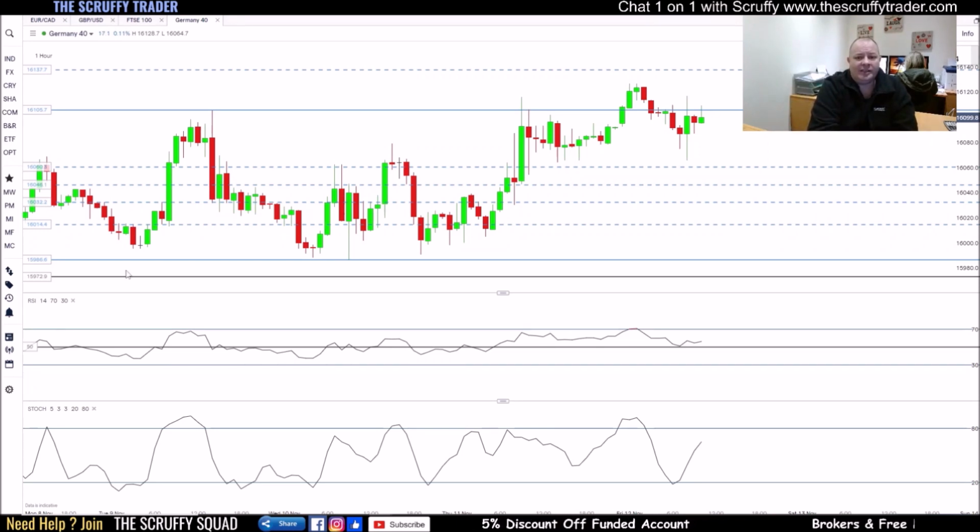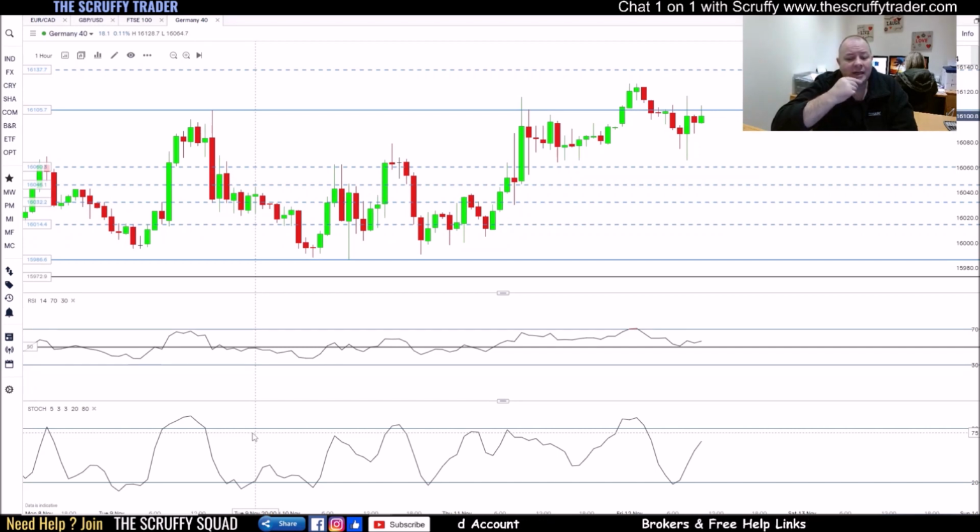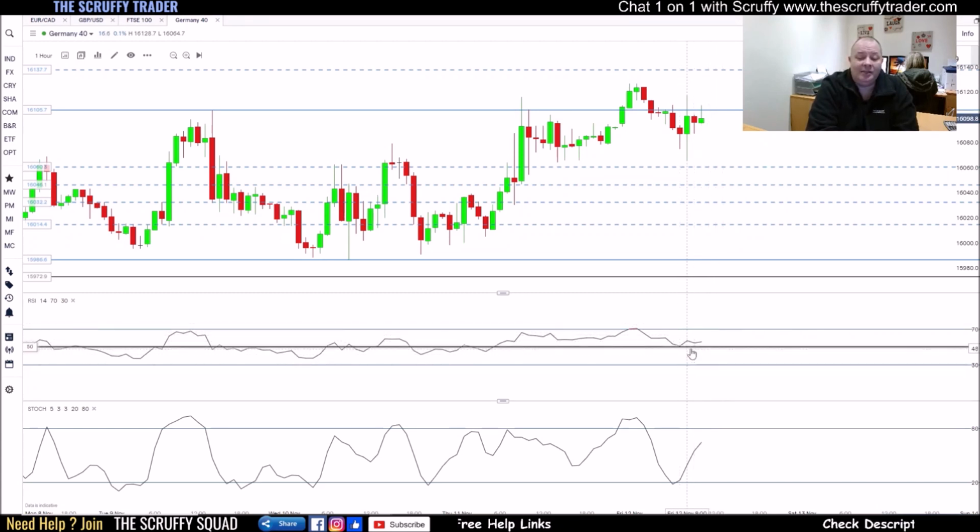So what we're looking at, first of all, we have two oscillators on here, and the reason is I'm going to use one as a trigger and one as a bias, if you like. The RSI is telling me the bulls, the buyers, are in control.